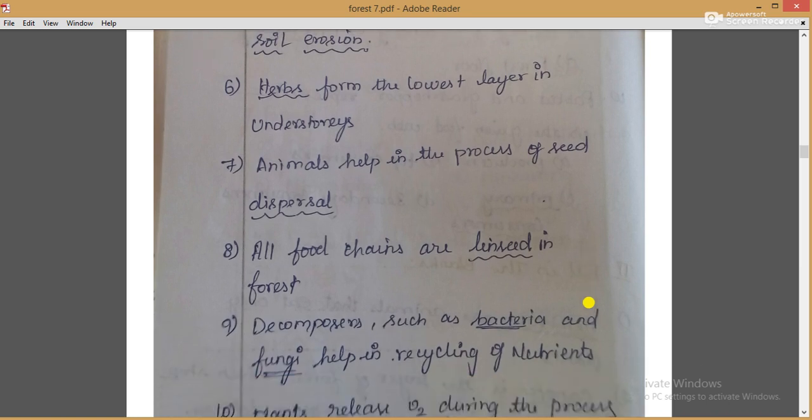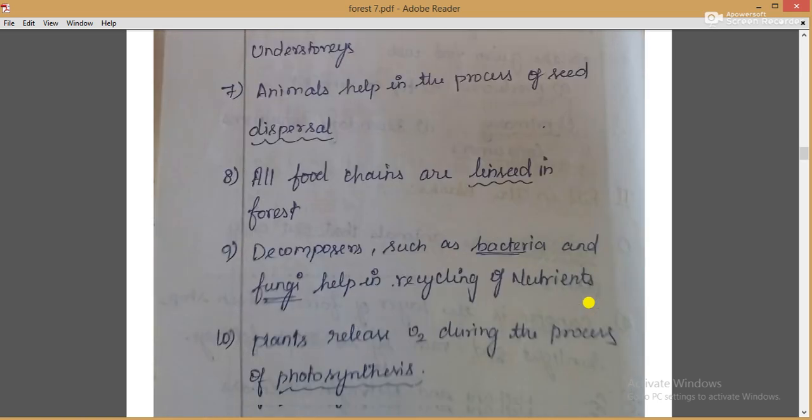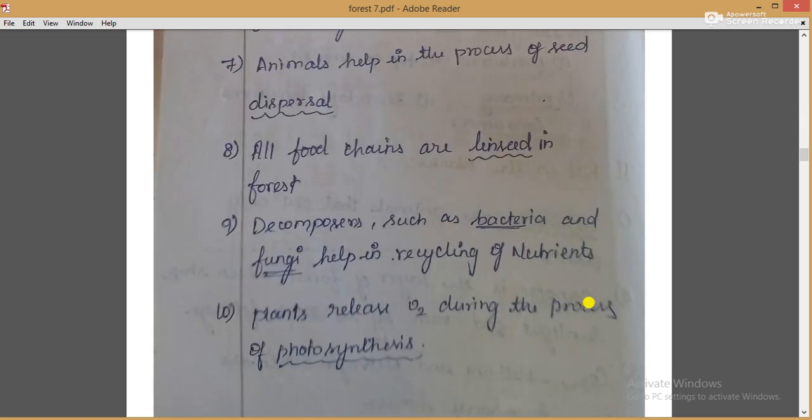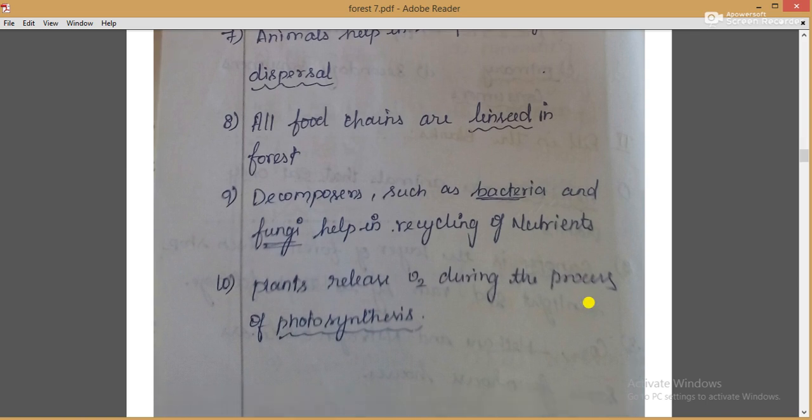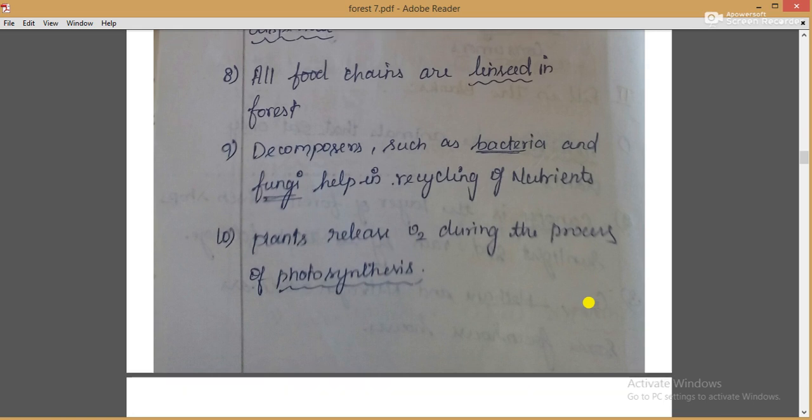Then animals help in the process of seed dispersal. Yes, right answer. Then all food chains are linked in the forest. Decomposers such as dash and dash, bacteria and fungi, are microorganisms. These are the decomposers. These help in recycling of nutrients.